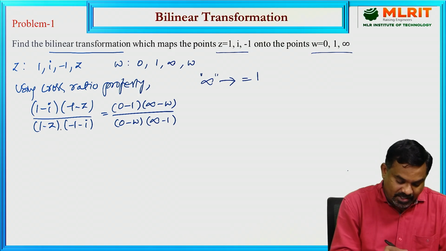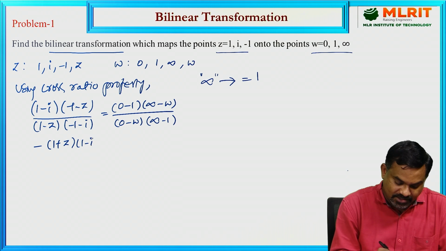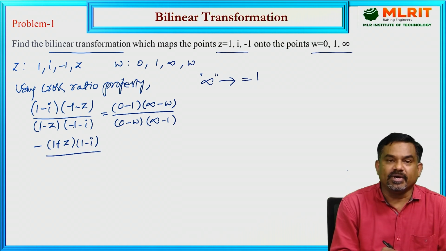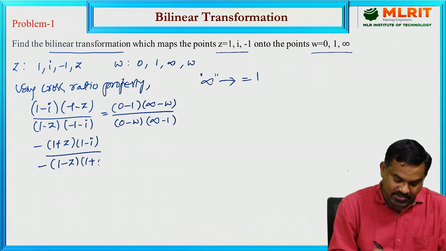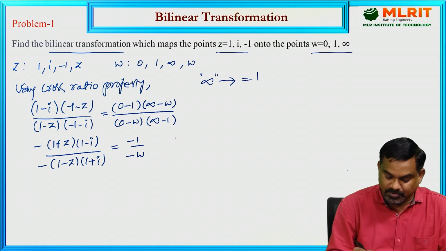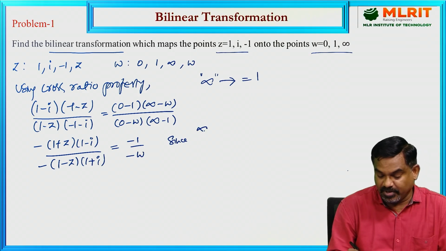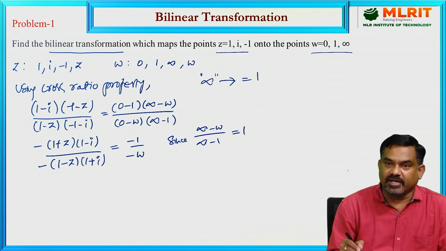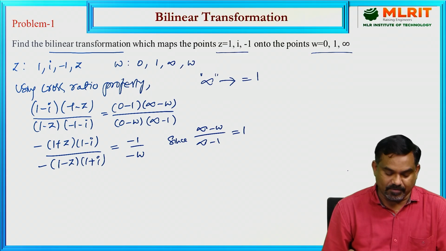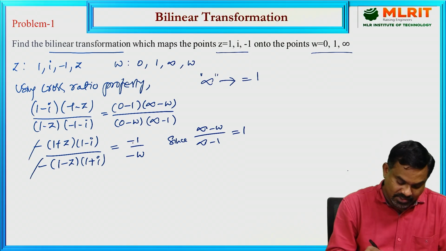By taking minus common, (1 plus z) into (1 minus i) by, here also taking negative common in the denominator, (minus 1 minus z) into (1 plus i), and here minus 1 by minus W, since the ratio is equal to 1. So we consider any ratio having infinity equal to 1. Now these two get cancelled.